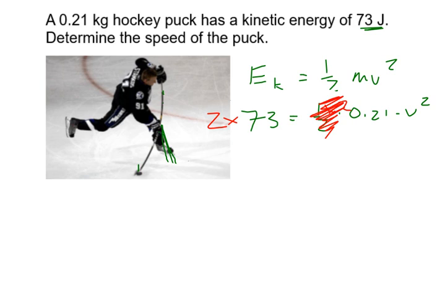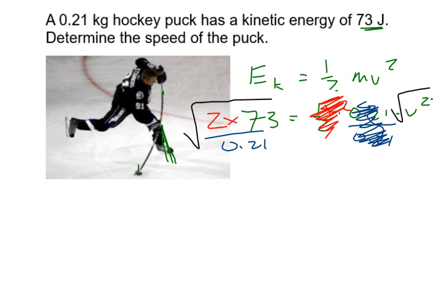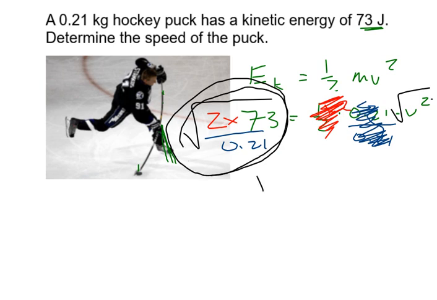And how do you get rid of timesing by 0.21? You divide by 0.21. That gets rid of this. And then how do you get rid of a v squared? You square root. That means that whatever this is right here, in a one-step calculation, that's your velocity. And it should give us 26 again, if we round it. Does that make sense?